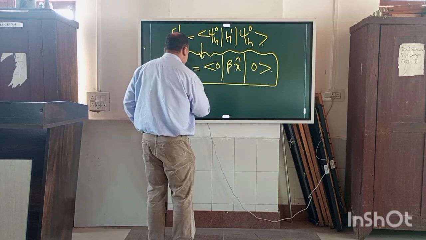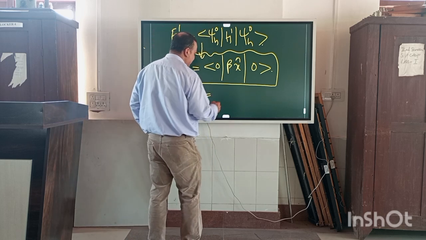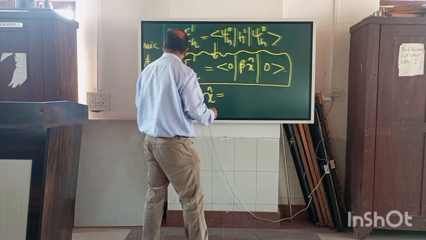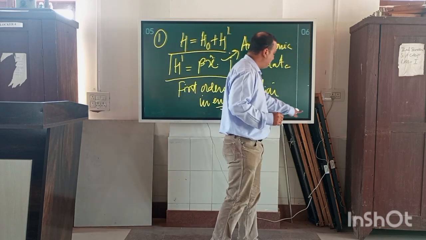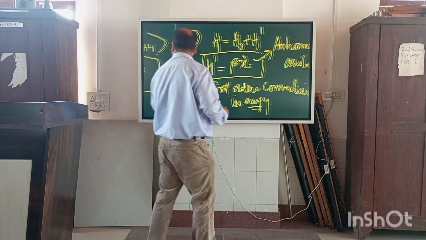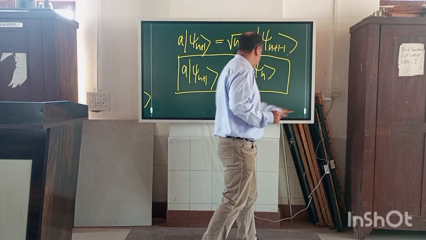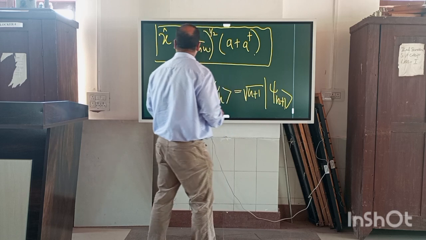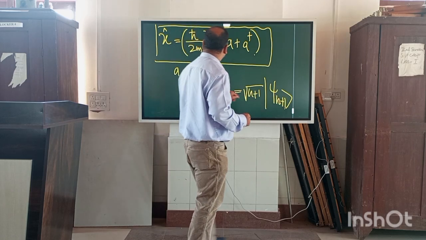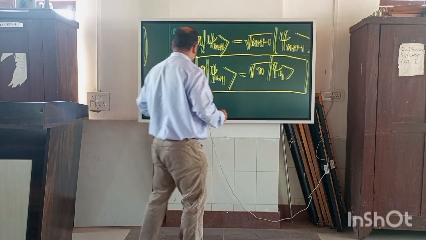What is this x cap? It is, we check it out, h bar by 2m omega raised power 1 by 2, times a plus a dagger.